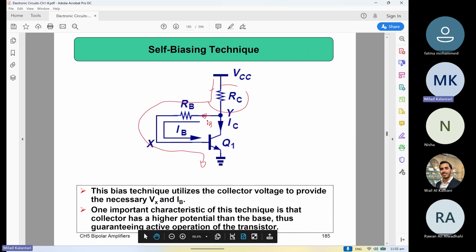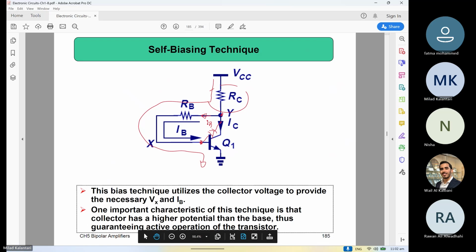There is one advantage mentioned here, which is that in this bias, you always make sure that the voltage of the collector is larger than the base. So it means that this diode over here is always reverse biased.